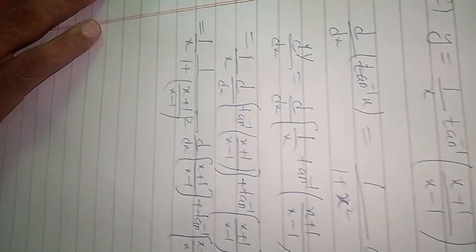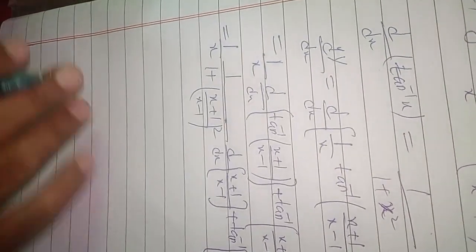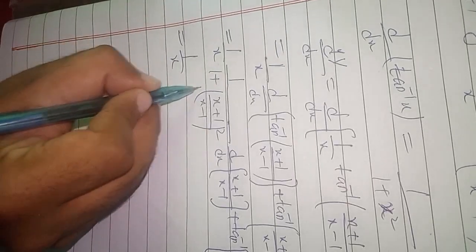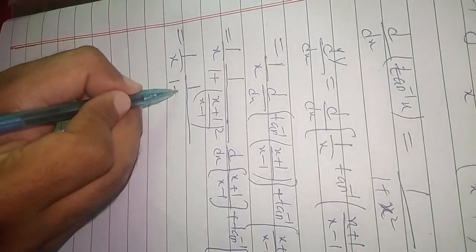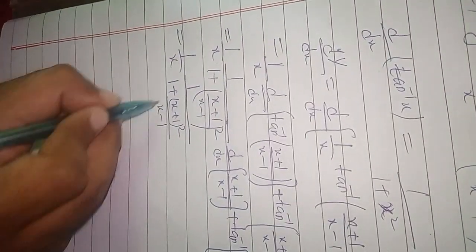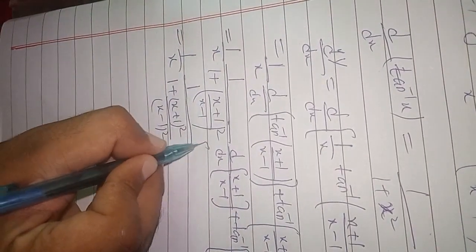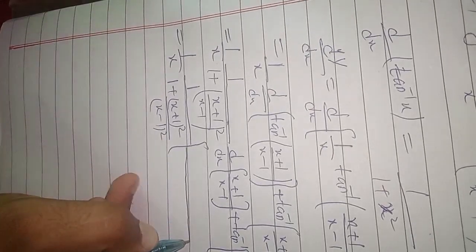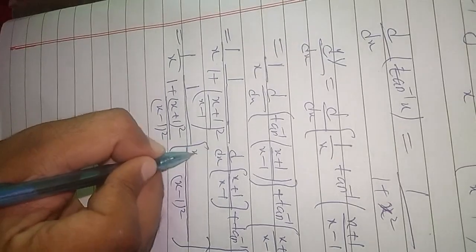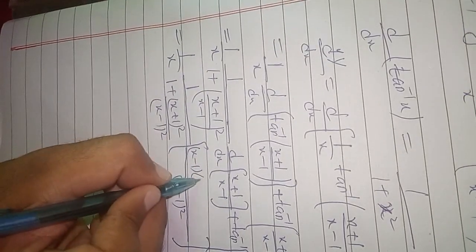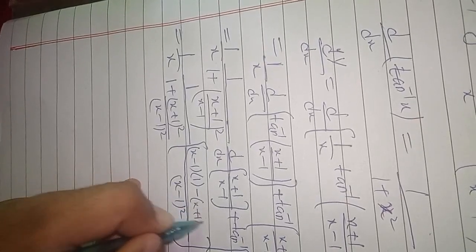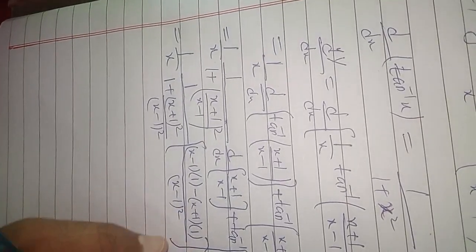So this is the derivative of 1 over x, that is minus 1 over x square. Now let's simplify it. This will come 1 over x, and now take the LCM of the second function. This will be 1 plus x plus 1 square divided by x minus 1 square. We will apply the quotient rule here because there is a derivative of x plus 1 over x minus 1. x minus 1 is left as it is, and then we take the derivative of x plus 1, which is 1.